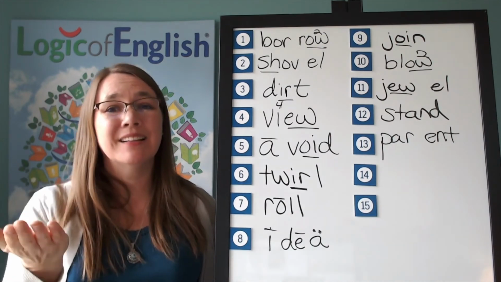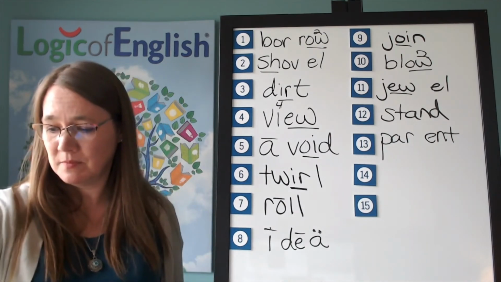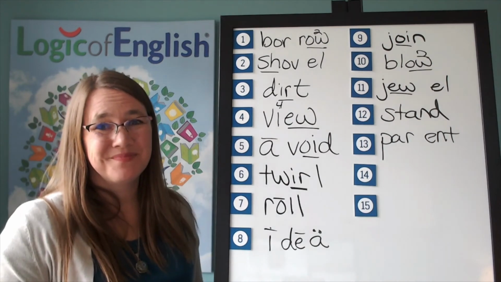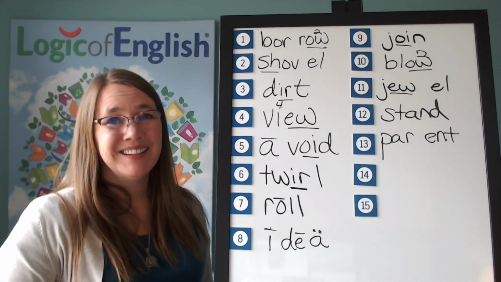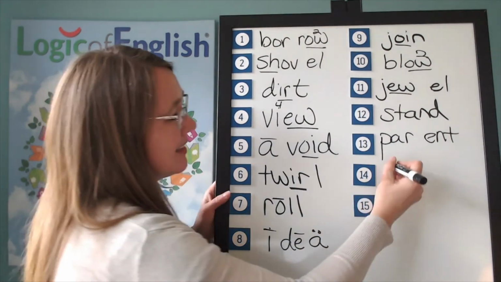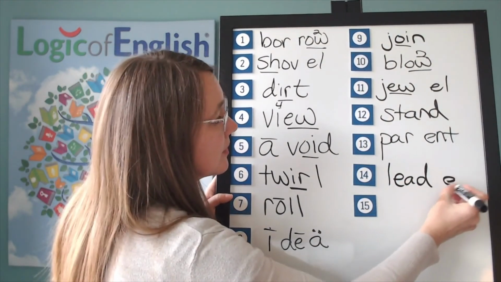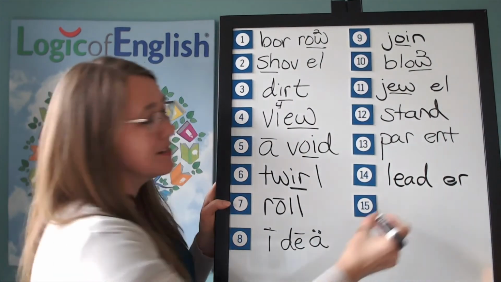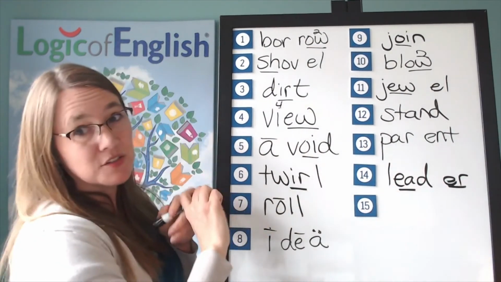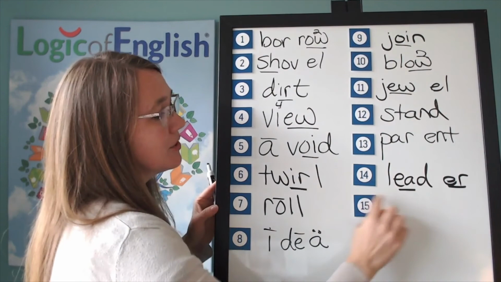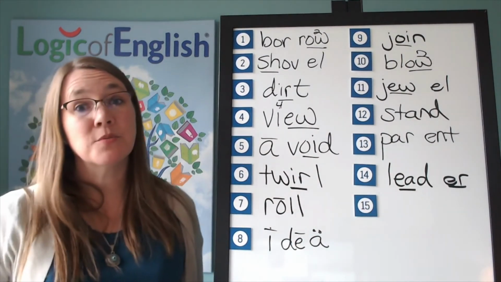Go ahead and write lead-er. Good, and help me to write it. L-E-D, and the second syllable is ER. And how will we mark it? We'll underline the E and the R. Let's read it. L-E-D-er, leader.